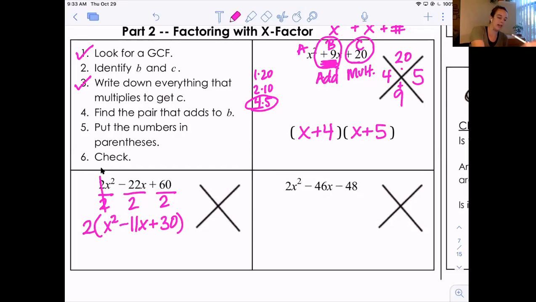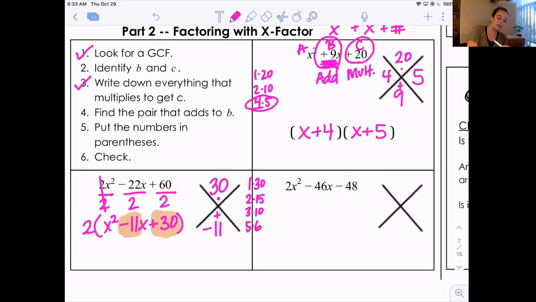All right. So now I'm going to find my b. This is my add number and my multiply number. So I need two numbers that multiply to get 30 and add to get negative 11. Notice I took the negative with us, right? So I have here 1 and 30, 2 and 15, 3 and 10, 4 and a decimal, 5 and 6.